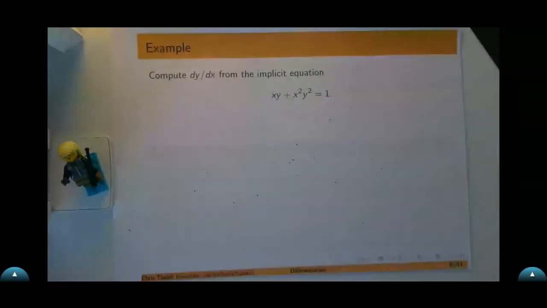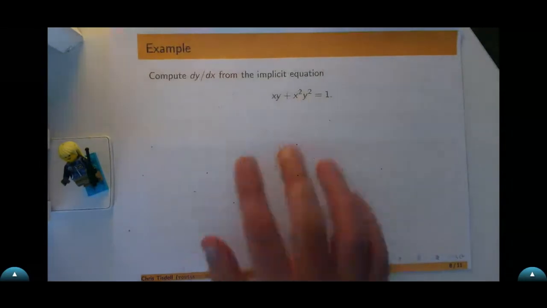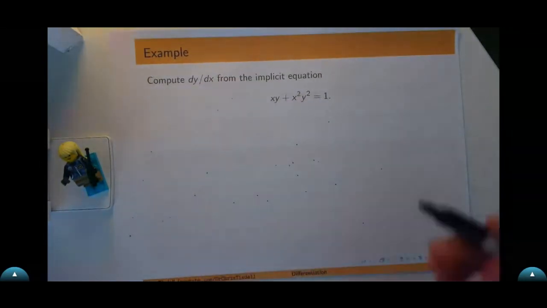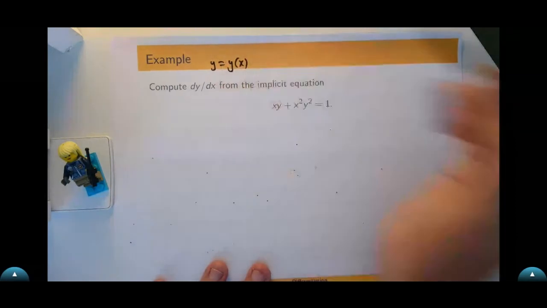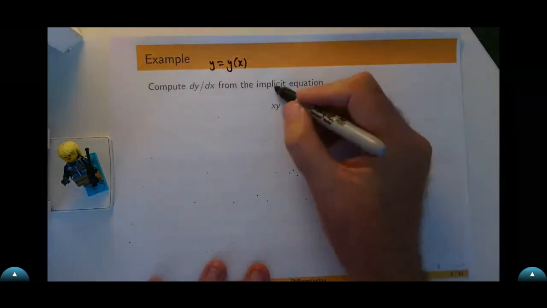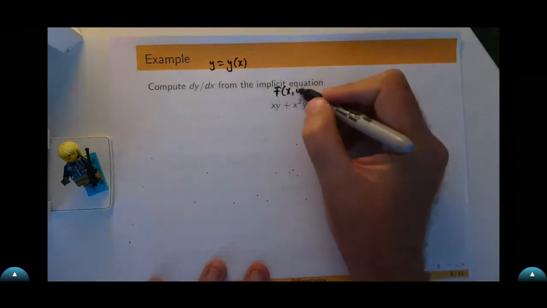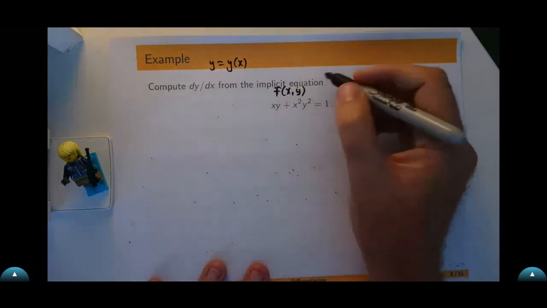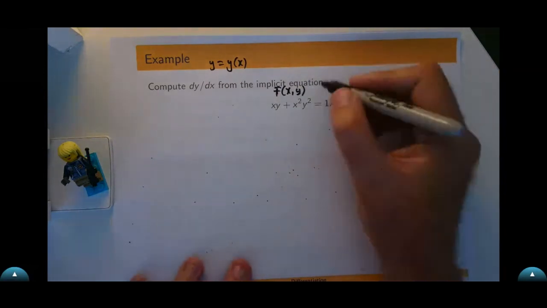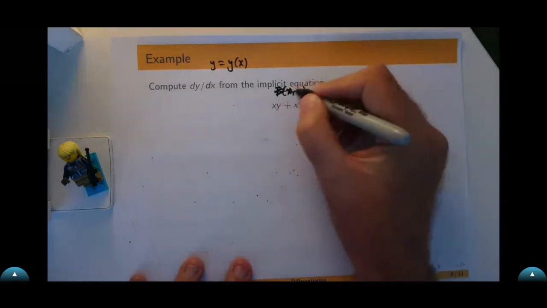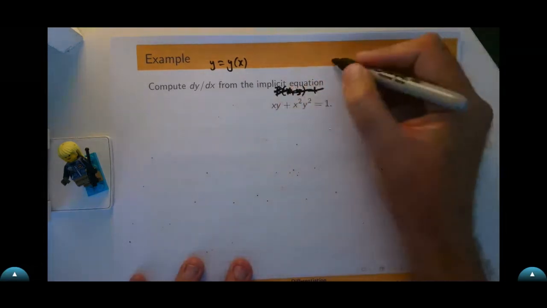All right. So this is a bit more challenging, this problem. So again, we're assuming that y is a function of x. This would be your, actually, I'll rewrite that.